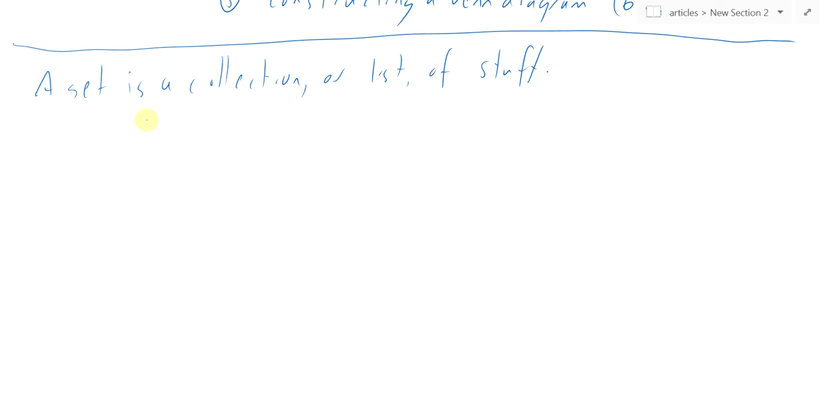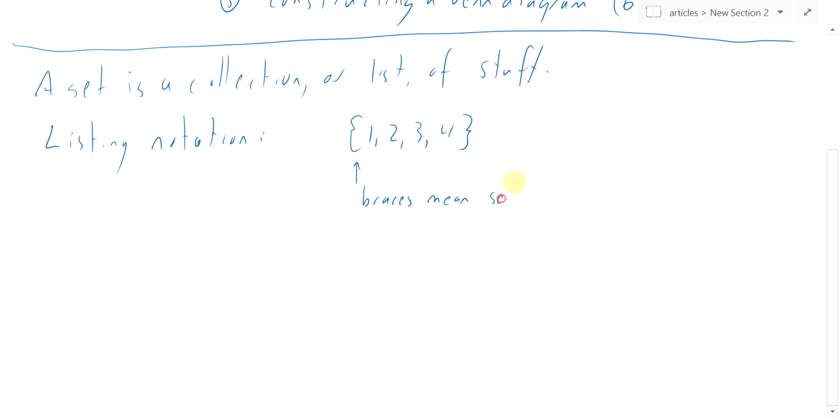Okay, so notation. The usual notation for a set is listing notation. So {1, 2, 3, 4}. The braces mean a set, right? And we usually give it a name. So A is the set that consists of the things 1, 2, 3, 4.